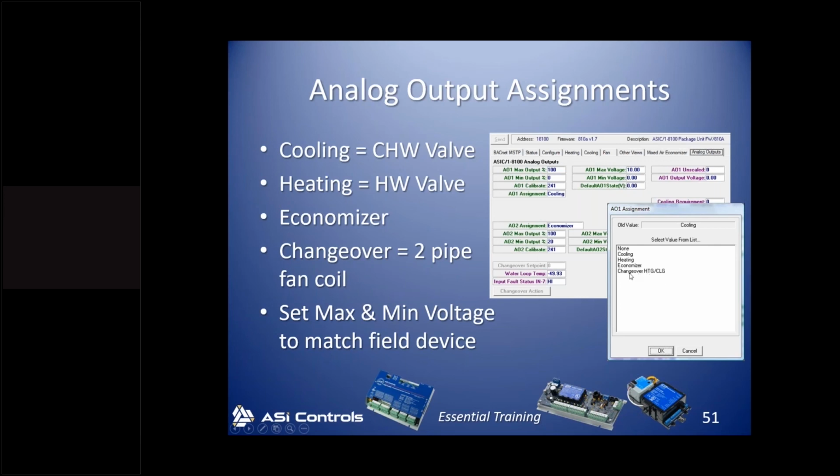And then the changeover one is if you had like a 2-pipe fan coil, then changeover essentially says follow the heating requirement when in the heating mode, follow the cooling requirement when in the cooling mode. And then there's a min-max voltage for each of the two analog outputs that you would set to match your actuator or whatever was being controlled by the analog out.